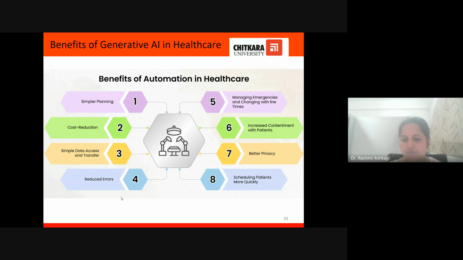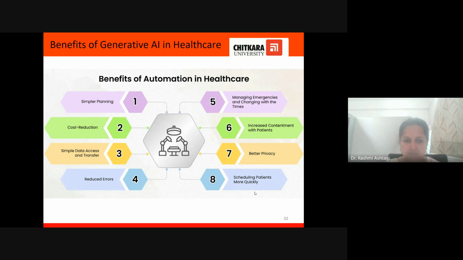We don't know the name, we don't know the region the person is from, nothing. That sort of data set will be there with us. Then scheduling patients more quickly: all the administrative work can be taken care of with the help of the machine by automation. So generative AI will help us automate things.